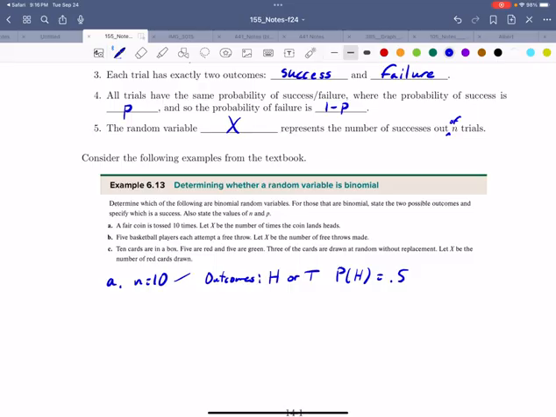Which it turns out is the probability of the failure too, right? Just in this case. We also know that all coin flips are going to be independent and identical, right? The probabilities are all going to be the same. So, yes. Give it the green check mark. Yes. This is a binomial distribution. This X is a binomial random variable. Okay? So, that's good.